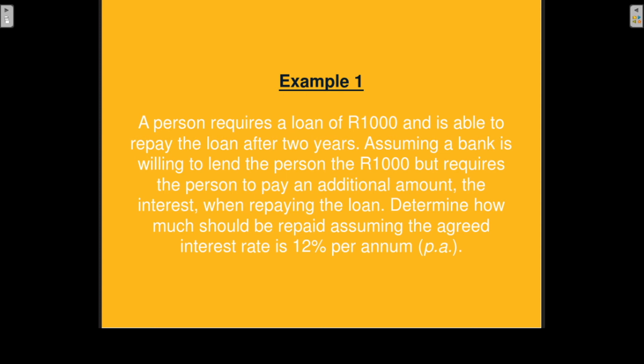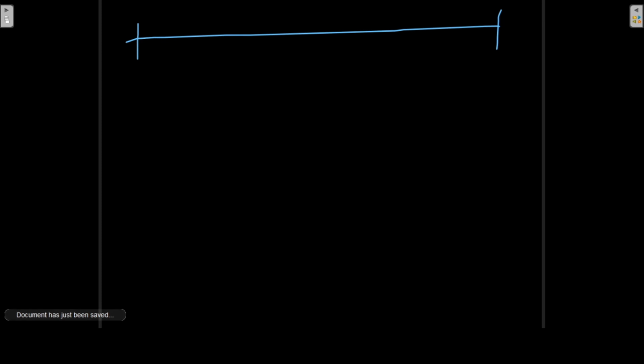Okay, so we can start this example by drawing a timeline. We're going to make use of timelines quite extensively. So I indicate the starting point as T0, and then I have my first year T1 and my second year T2.